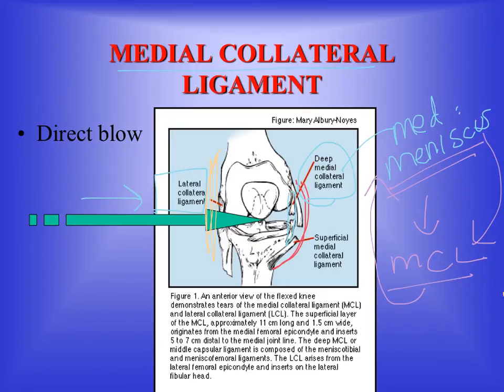So injuries to the medial aspect of the knee tend to be more painful and tend to involve more tissue structures because that MCL does have an attachment on the medial meniscus. So as clinicians, not only are you going to be dealing with an MCL injury, but you're also going to be dealing with some type of medial meniscal pathology as well. Whether or not it requires surgery depends on where in the zone, the colored zone, that tear occurs.